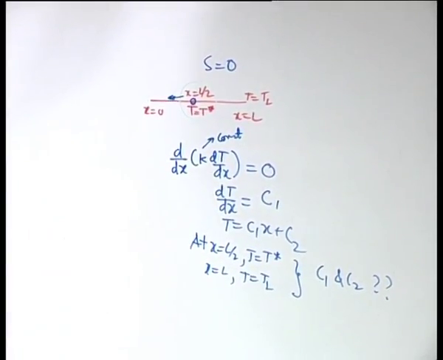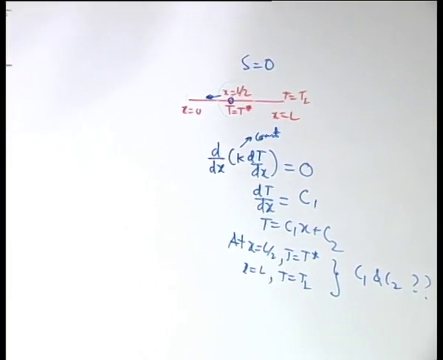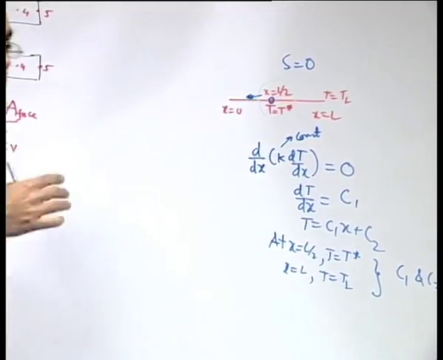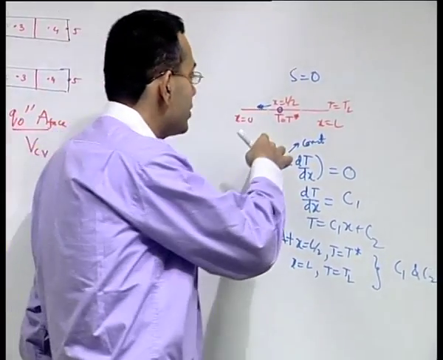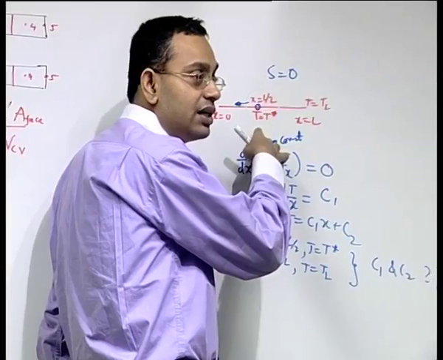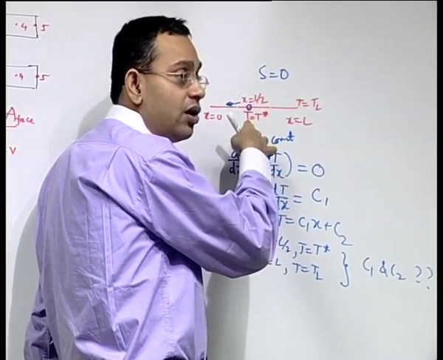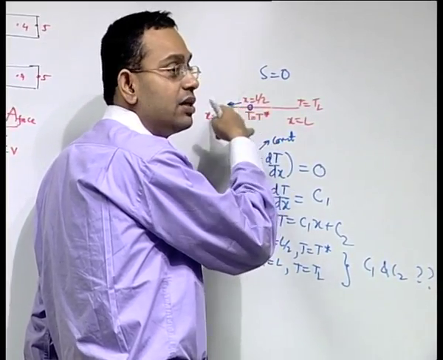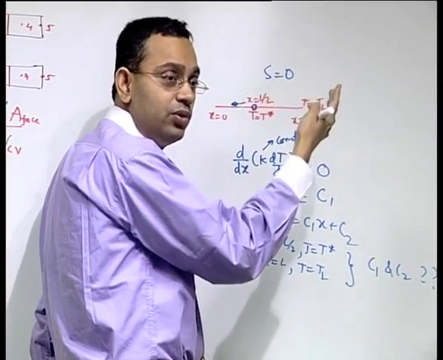The same cannot be said for an initial value problem, because we have already discussed that time is a one way coordinate. So, in place of a space coordinate, if it was a time coordinate, then that would not have been possible, because whatever is happening now cannot influence what happened 10 hours back; it can only influence what is going to happen in the future.